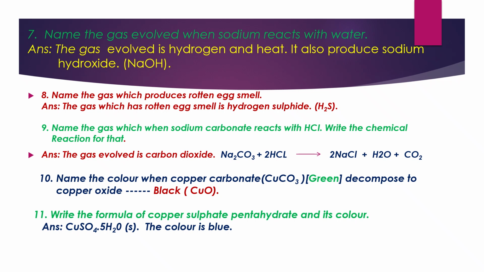Then name the color when green copper carbonate decomposes to copper oxide, CuO. That color is black. Here is another important question. Write the formula of copper sulfate pentahydrate and its color. You can see the color is blue, and you can see the formula here.